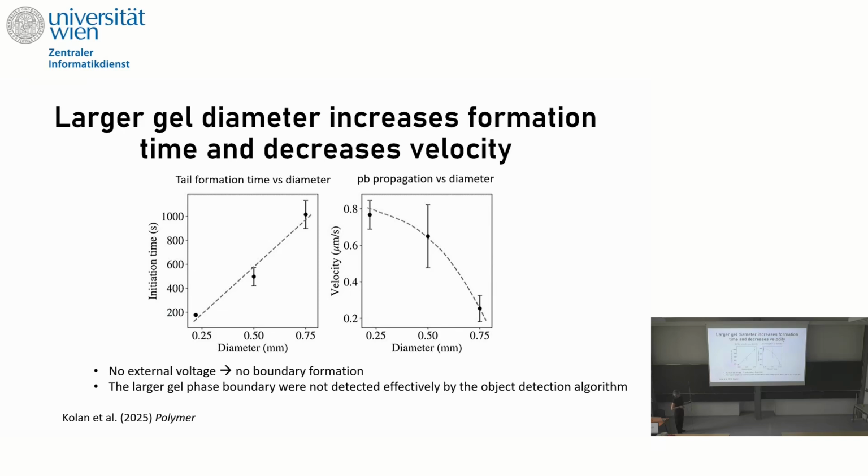This was done with 0.15 volts. As the gel diameter is increased, the initiation time takes longer, and the velocity is also lower as we increase the gel diameter.